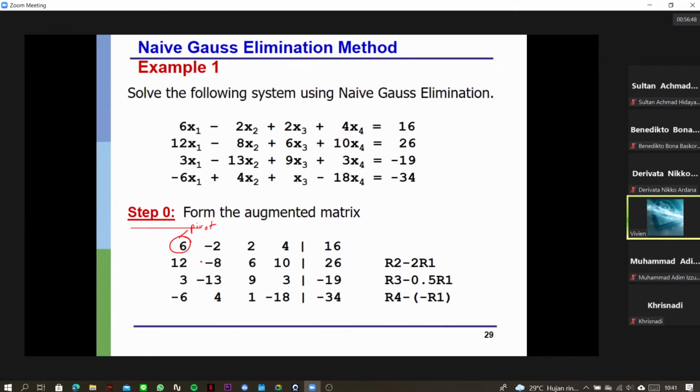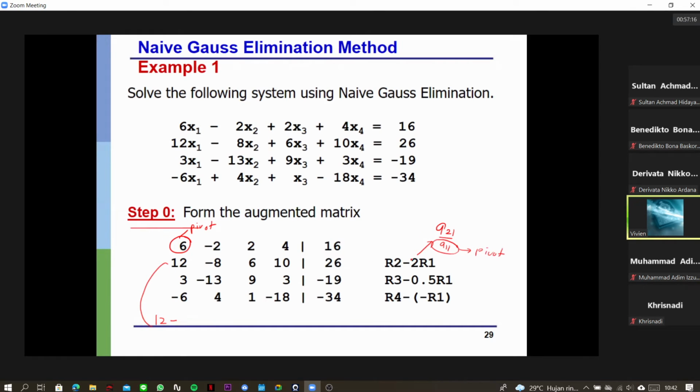Here we have 12, so that will be 12 minus 2 times 6. This 2 value is actually from A21 divided by the pivot A11, the value below the pivot divided by the pivot value.